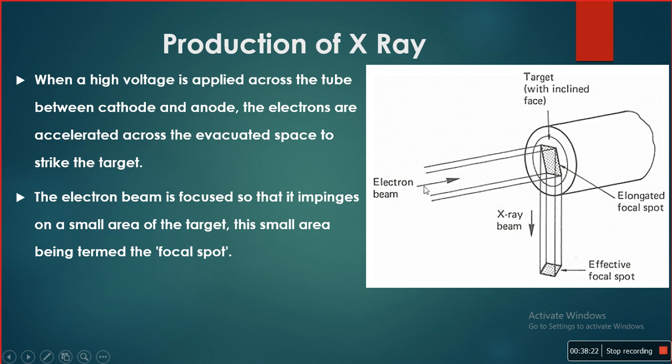As the electron beam bombards that tungsten material, as it is inclined, the X-ray beam is directed towards the object, and the effective area of X-ray which is scanned, that effective area is considered as the focal spot.